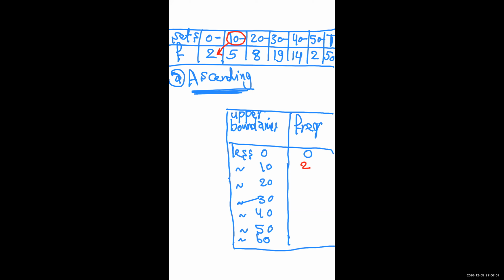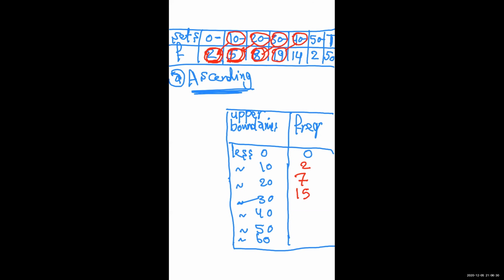Then less than 20, 5 and 2, 7. Less than 30, so 8 and 5 and 2, 15. Less than 40, so 19 and 8 and 5 and 2, so it will equal 34.